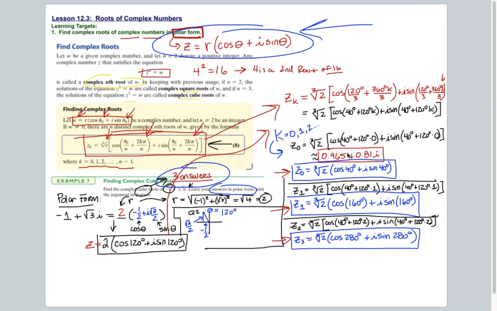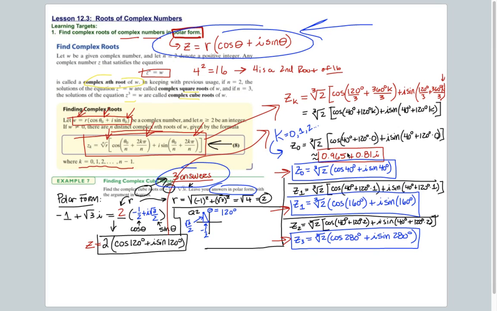All right, so now notice a couple different things here. Each of them has the same magnitude. And also, each of them is going to be on the graph exactly 120 degrees apart from the other ones. So those would be the two things that I definitely would like you to make sure that you recognize on these.